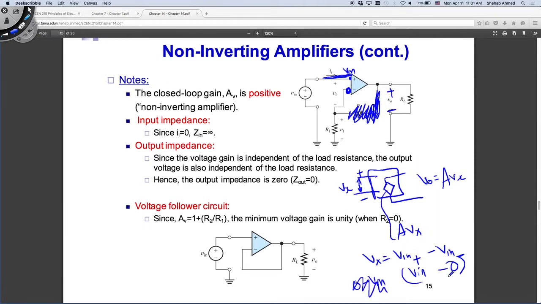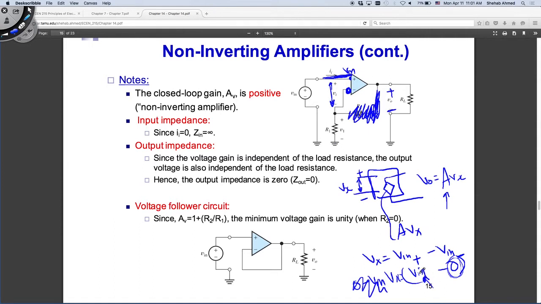For me to make use of this op-amp circuit as something besides a comparator, I need to drive this Vx, this voltage difference here, to 0. So how do I drive this voltage difference here to 0? I need to put something here. Instead of having Vx equal to Vn minus 0, which is then going to be multiplied by my open loop gain to control my output, I need to put something here instead of this 0 that is going to be equal to V input.